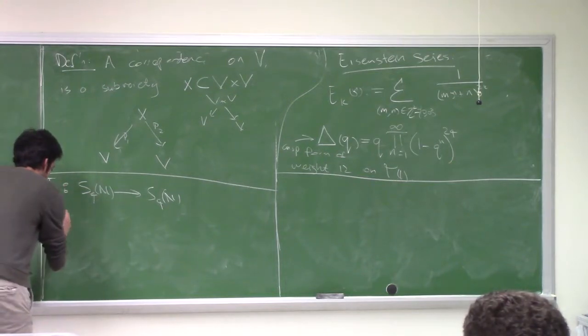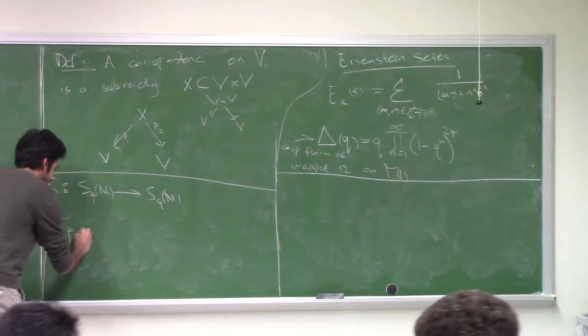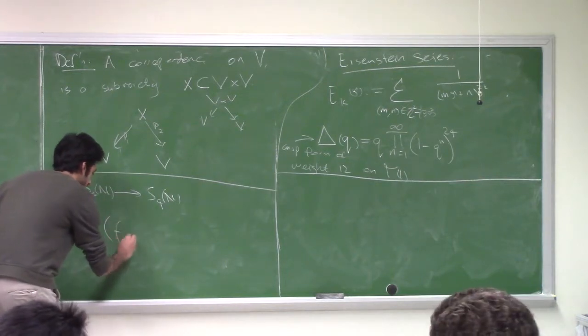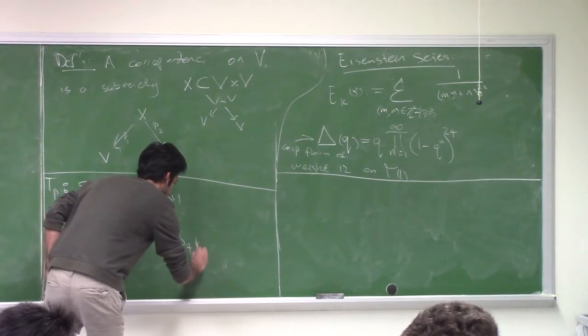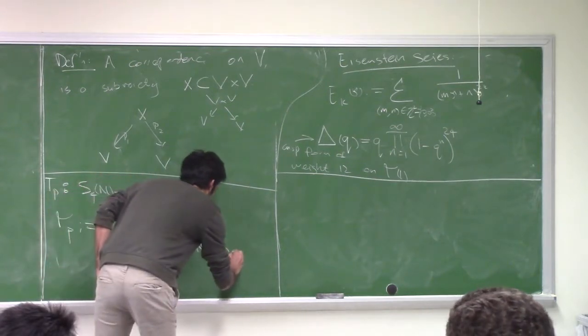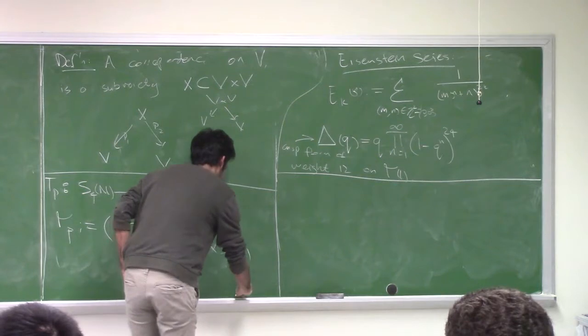So we can look at the graph of TP, which I call gamma P, and this is just the pair F cross TPF in S4n cross S4n.